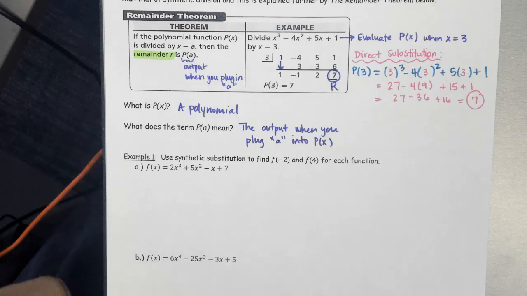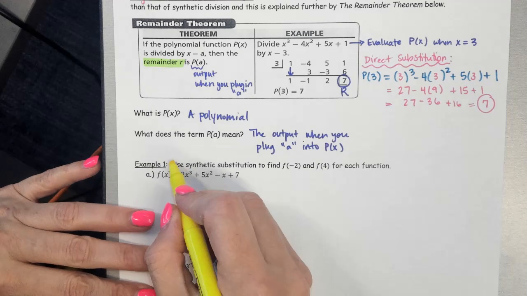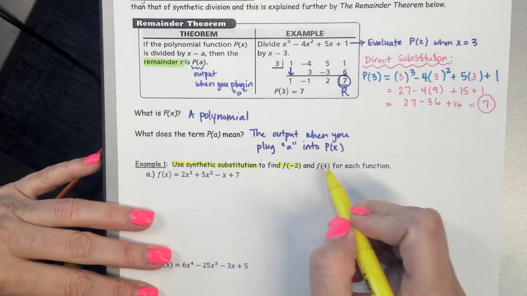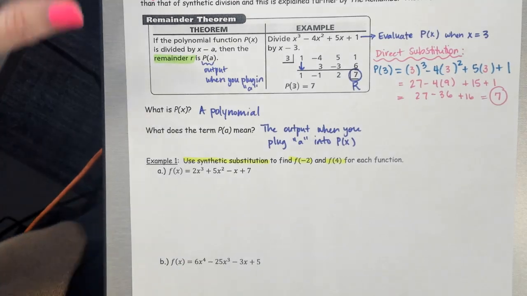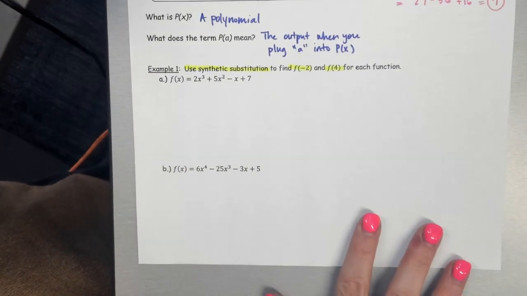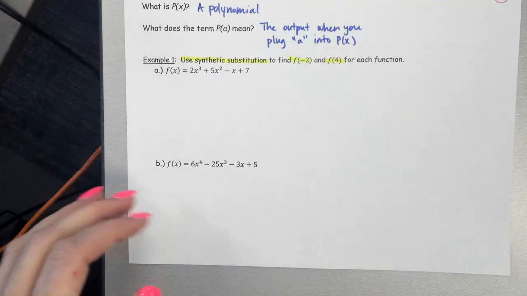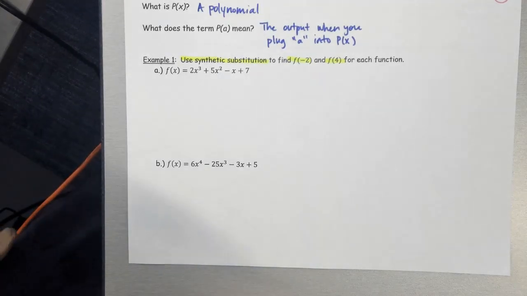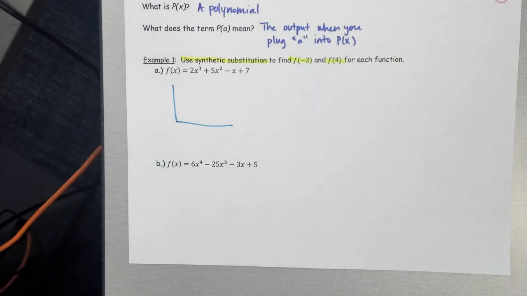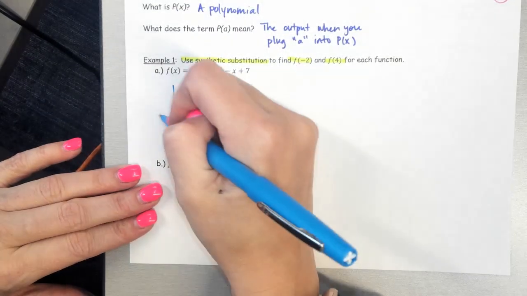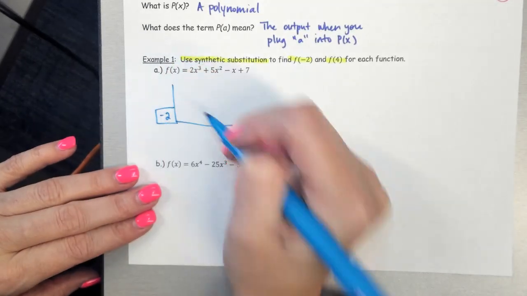All right, so in example 1, you are going to use synthetic substitution to find f of -2 and f of 4 for each function. Okay, so I'm going to do the first one with you, and then I'm going to let you give it a go. So remember that you do have to put in your placeholders. Okay, for f of -2, you're plugging in -2.